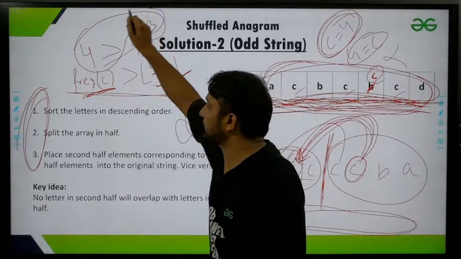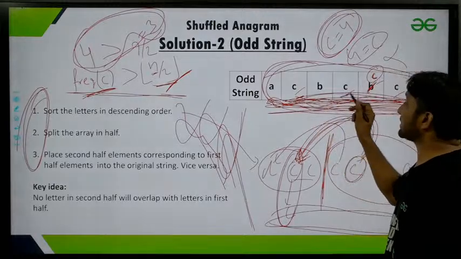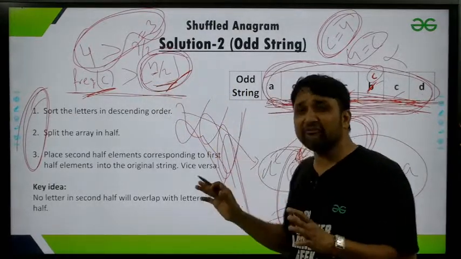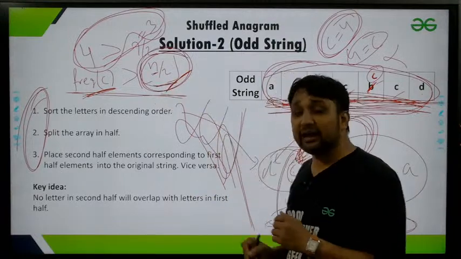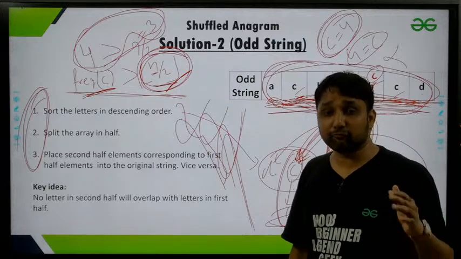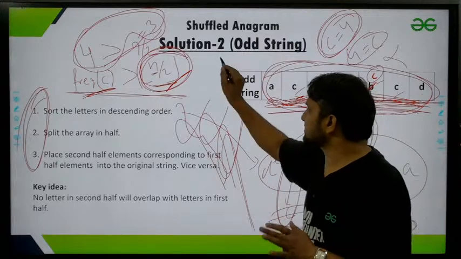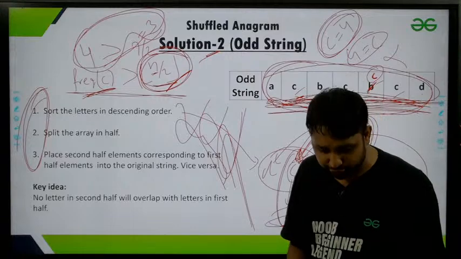Because of this condition: the number of C now exceeds this term. If the number of any character, not only C, exceeds this term, I can simply say I cannot generate a shuffled anagram from that. We have already discussed this. So this is the second solution. We have applied it over the even string as well as the odd string.